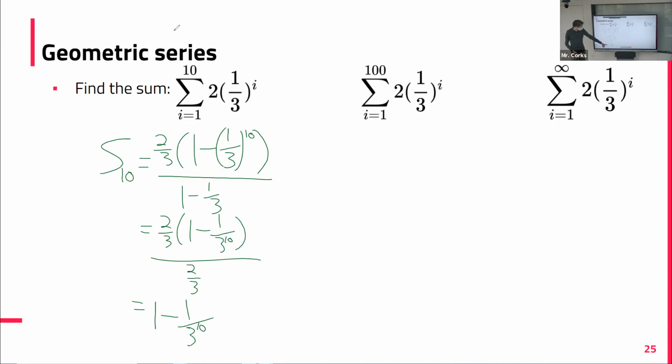All right, so 3 to the exponent 10 is a pretty big number, so 1 over that is going to be a pretty small number. So 1 minus that whole thing will be pretty close to 1. It'll be like 0.99 whatever. All right, let's write the next one.